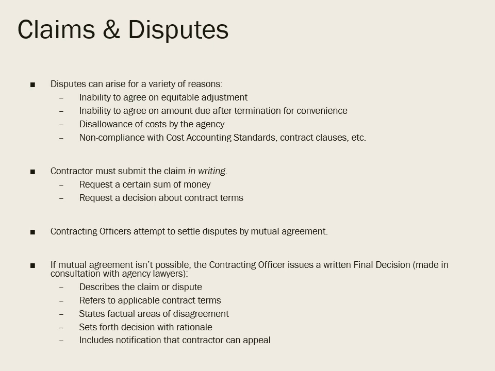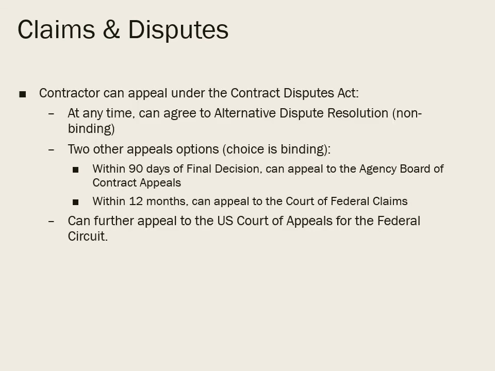And this always includes a notice that the contractor can appeal. So there's a law called the Contract Disputes Act, which, as the name implies, covers disputes on contracts. So at any time, the contractor and the agency can go into ADR. It's alternative dispute resolution.